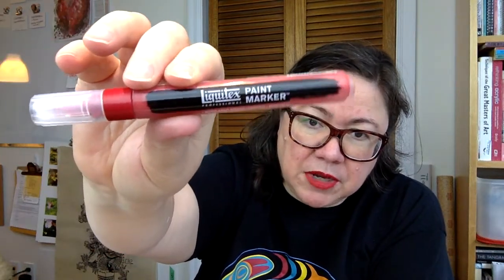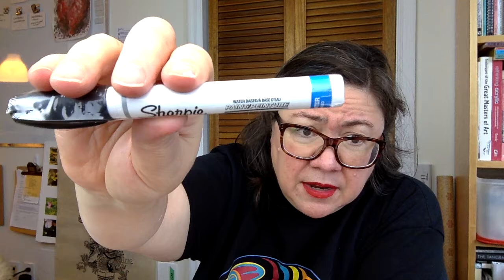So different brands make them. Liquitex has a line that coordinates with all their paint colors. Sharpie makes an oil-based as well, but this is their water-based. Okay, and I've used these for years. They're not my favorite anymore now that so many more companies produce paint pens.